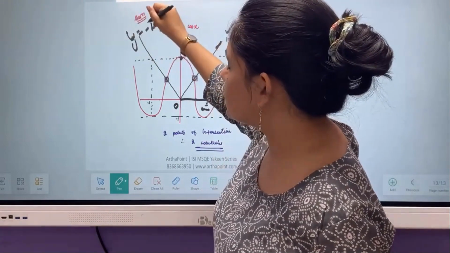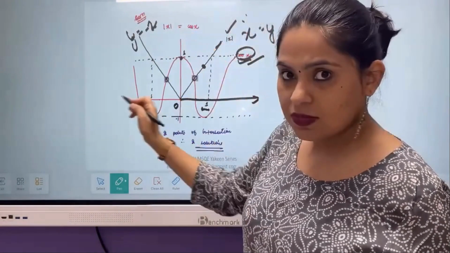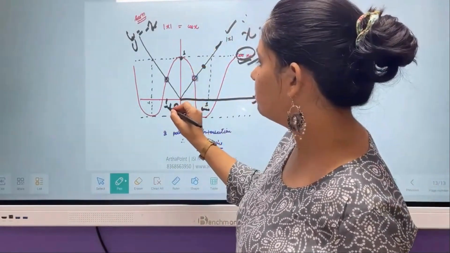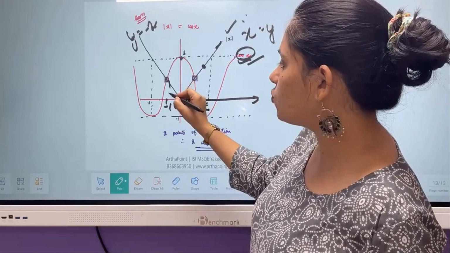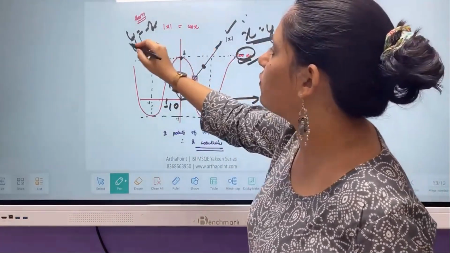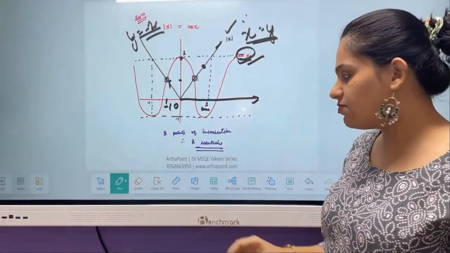So when you put x on the negative side, then y will be minus of x. Let's say x is minus 1, then minus of minus 1 will be 1, so y will be 1 and so on. So either y is equal to x or y is equal to minus x. These two give me mod of x.